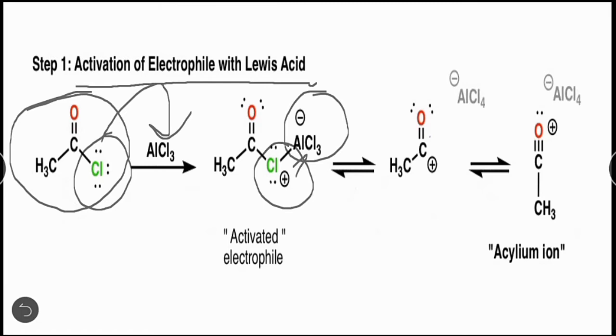As we all know, chlorine is an electronegative species and it requires electrons to stabilize itself. As the positive charge has been acquired on it, it has got destabilized, and to stabilize itself, what will it do? It will snatch the electron pair shared between the chlorine and the carbon and leave as AlCl4-, and get stabilized, but that will result in the destabilization of this carbon atom.